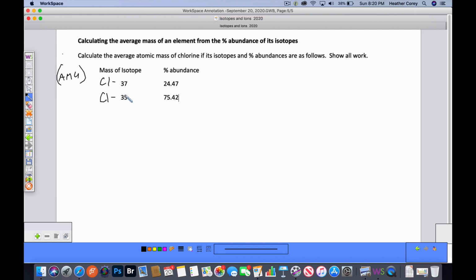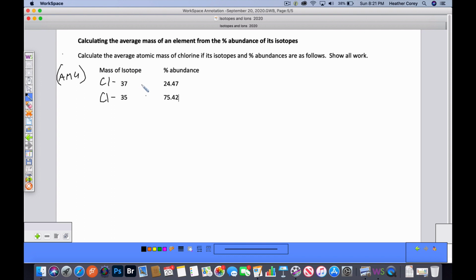Okay, many times you have more than 2 different isotopes, but in this example, we only have 2 isotopes to worry about. So when we're looking at this, we know that most of them are chlorine 35. So our answer should be quite close to 35. We have about a quarter of them that are 37, so our mass is going to be higher than 35, close to 35, but higher than 35. And we're going to see if that happens when we calculate it.